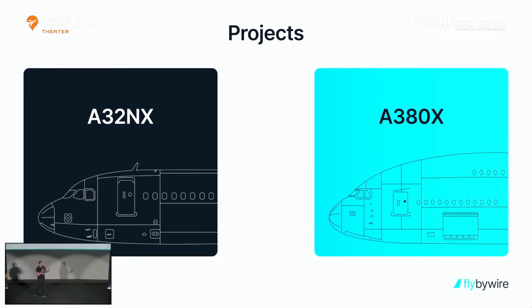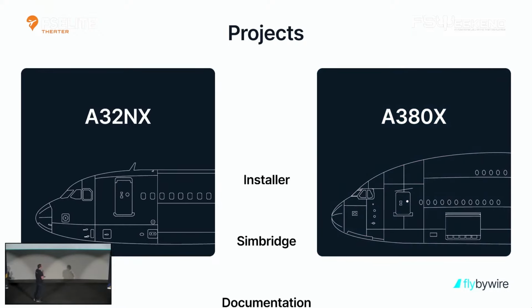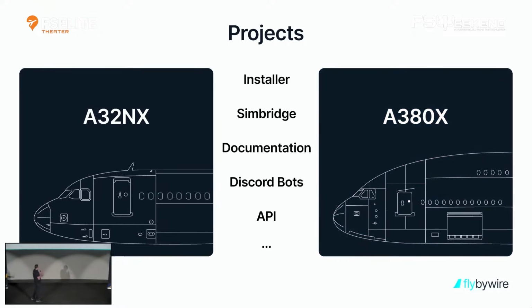Alongside this, we have a whole infrastructure and a whole lot of projects that we run to enable you to fly the aircraft, to understand how to use it, but also to enable some of the systems like terrain radar. So if we look at some of the projects, we have projects like the installer, SimBridge, documentation, Discord bots, API, and much more. All of this is still open sourced. We run this all as one team and still allow the community to contribute.